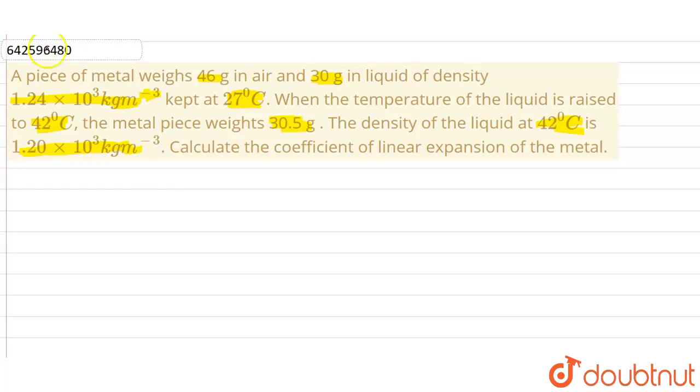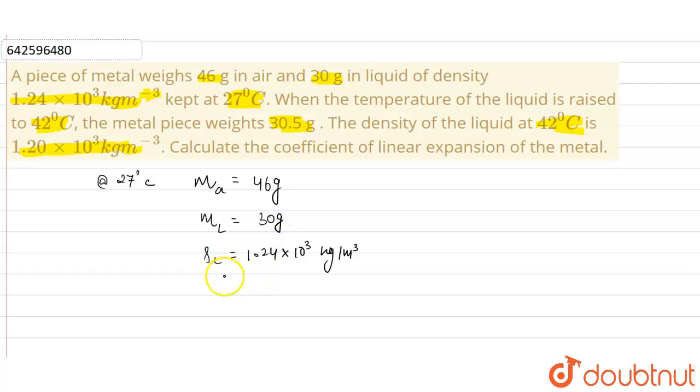Okay, so we have been given a condition that the metal weighs 46 gram at 27 degree Celsius in air, and when this metal block is dipped into liquid of density 1.24 into 10 raised power 3 kg per meter cube, it weighs 30 grams.